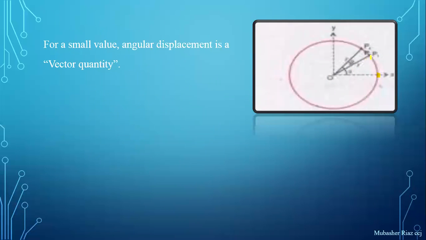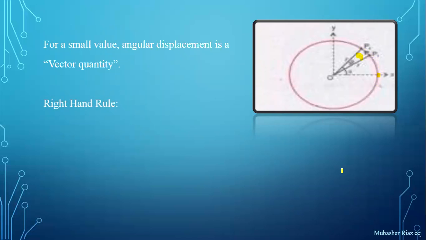Then in a very short interval of time delta t it moves from P1 to another point P2. This displacement covered is very small and will be considered as a vector quantity, and it is represented by delta theta. So delta theta is the smaller angular displacement in a short interval of time.